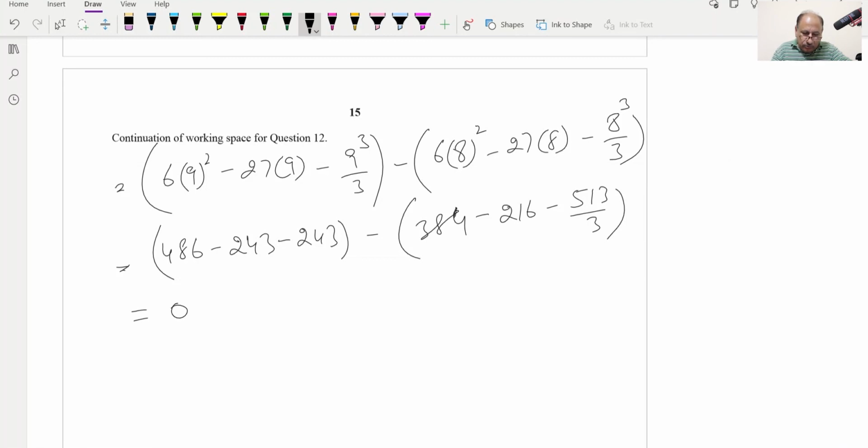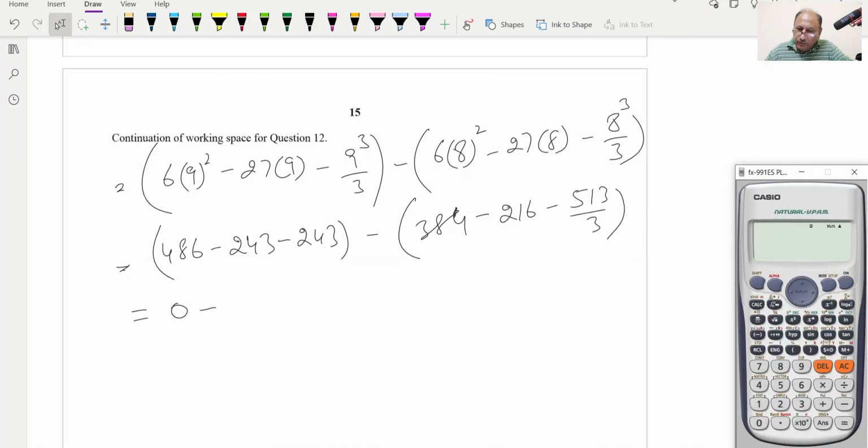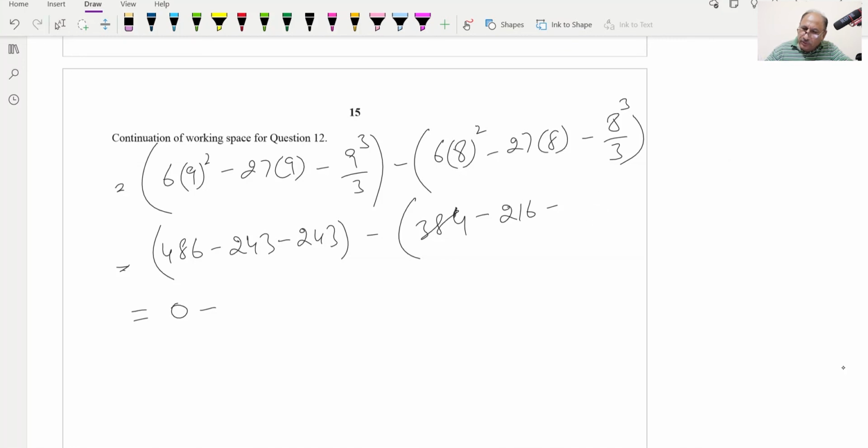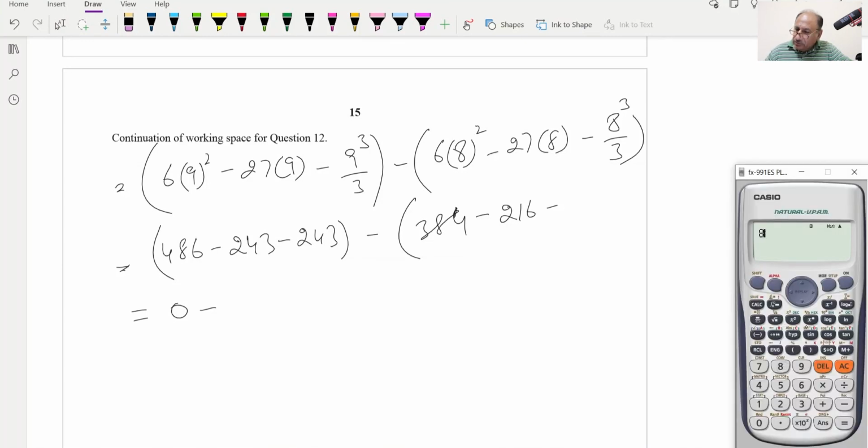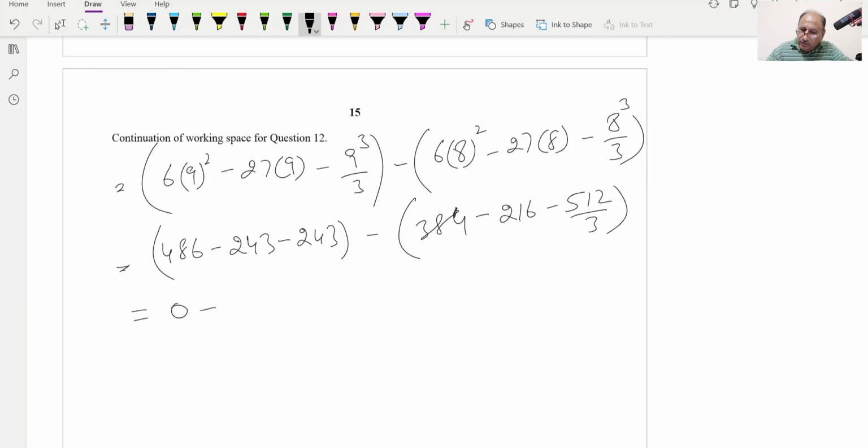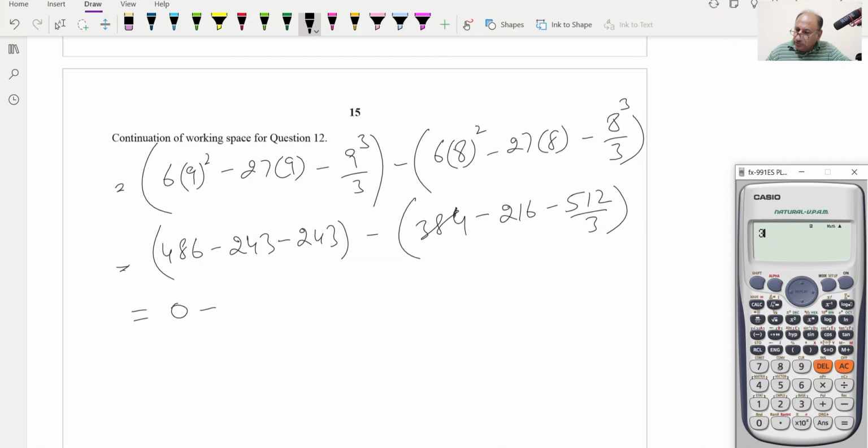We have done a small mistake, I think, so we can recalculate this. 8 raised to the power 3 over 3 will be equal to 512 over 3, and now we can calculate this in one go. 384 minus 216 minus 512 over 3 will result in minus 8 over 3.